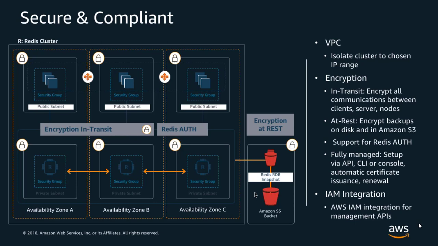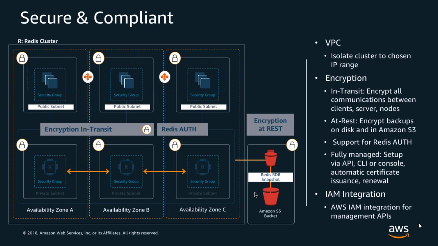With ElastiCache, you also get the additional benefits of security and compliance, which is truly making it ready for your enterprise needs. So for example, number one being, of course, Amazon ElastiCache has full support for VPC, providing you isolation for the cluster to the chosen IP range. ElastiCache includes enterprise features such as encryption in transit and at rest, and support for Redis Auth for token-based authentication with the cluster.